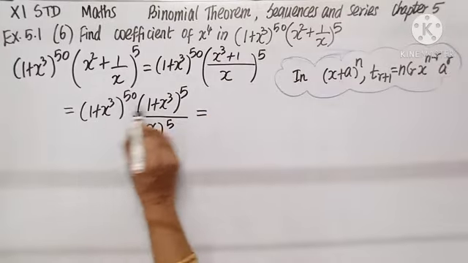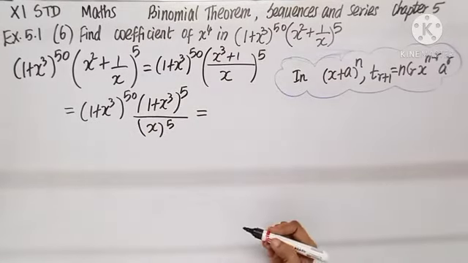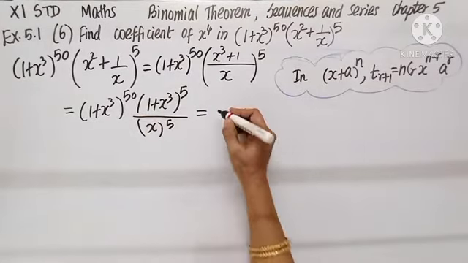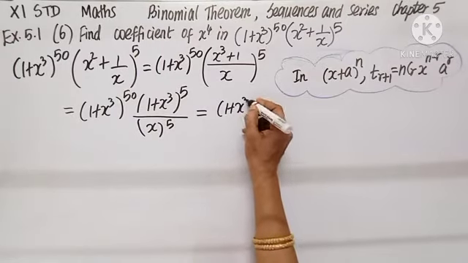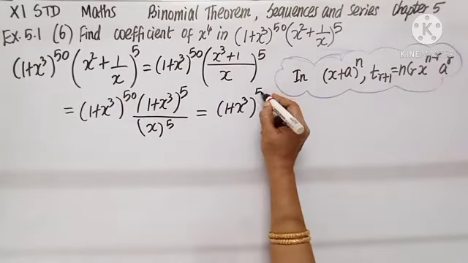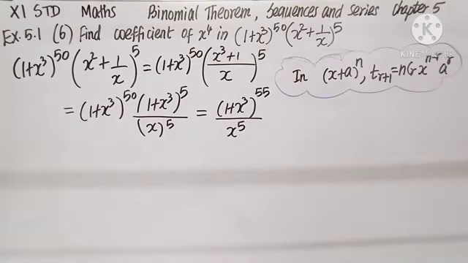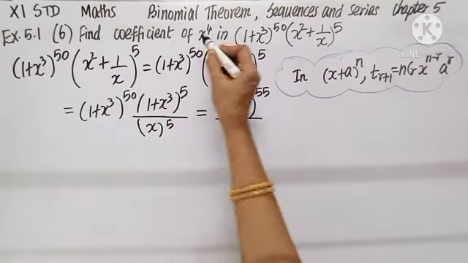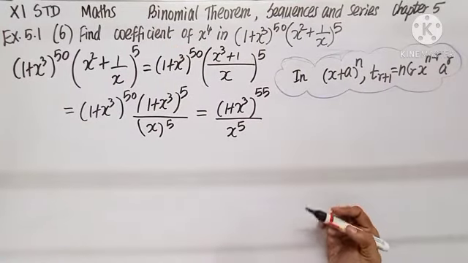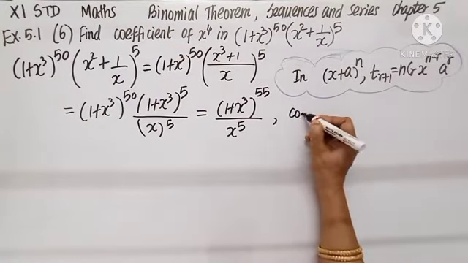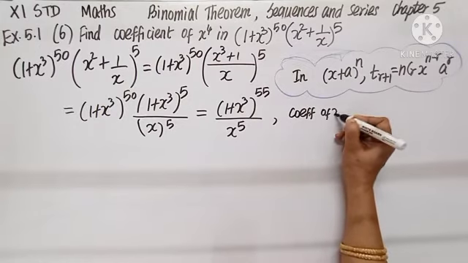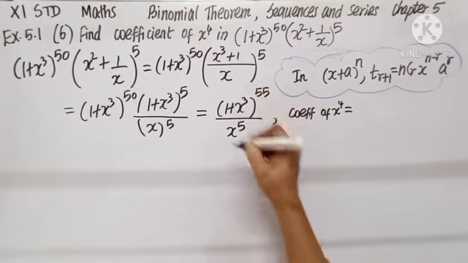The numerator base is one and the same, so I can add the powers. (1 plus x cube) the whole power 55 divided by x power 5. To find the coefficient of x power 4, my question is the coefficient of x power 4 for the entire thing.